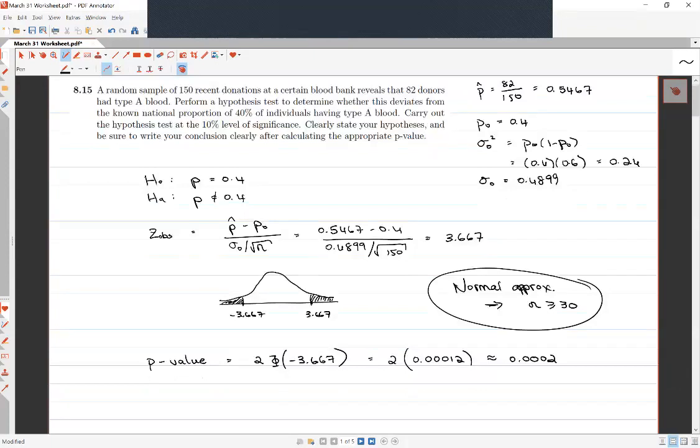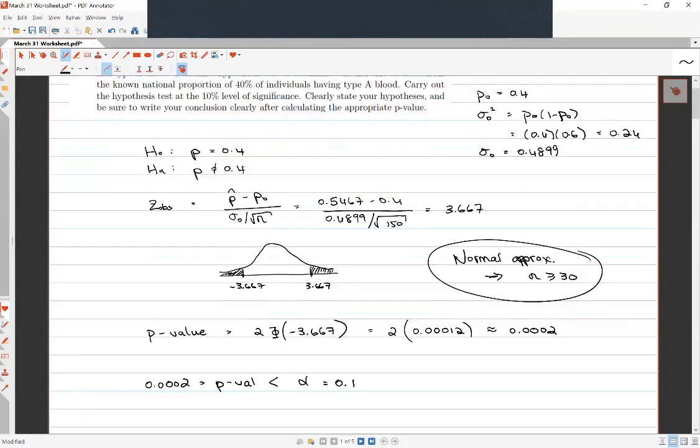So to reach our conclusion, we want to take this p-value, compare it to alpha, which in this case is 0.1, a 10% level of significance. So the p-value is less than alpha, which means we are going to reject the null hypothesis.